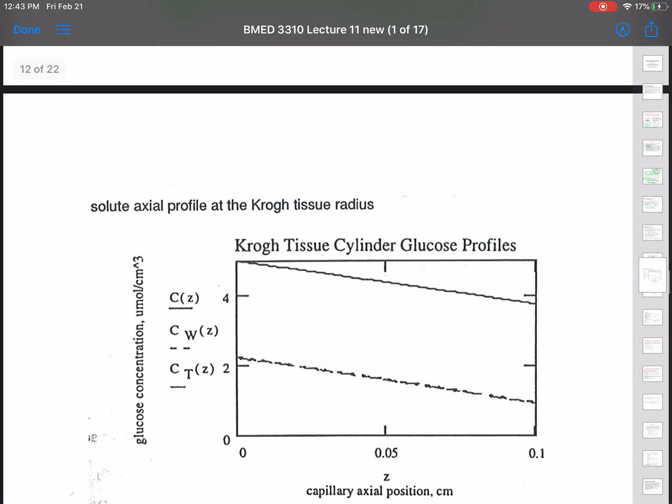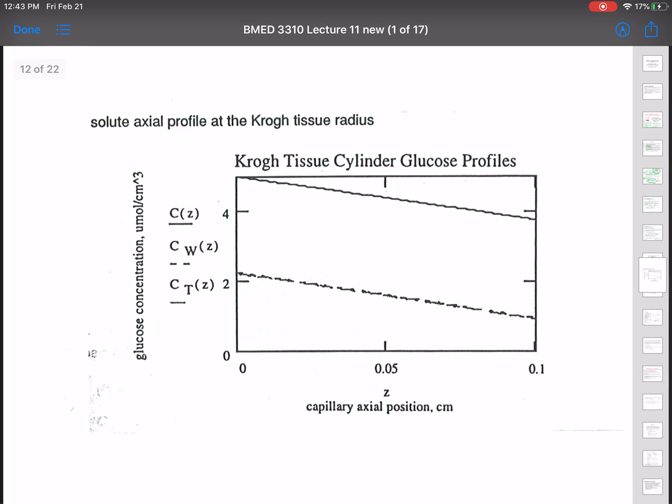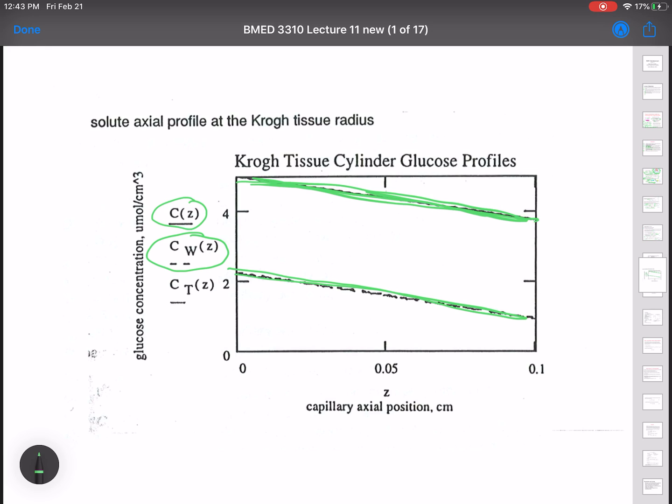Then she plugged all the values in, and she found this is the concentration in the blood, and you see it's decreasing as we go down because it's being diffused out. This is the concentration in the tissue at the wall, so it's this line here. You see it's less than what it was in the blood because there's a resistance between the blood and the tissue right up against the wall.